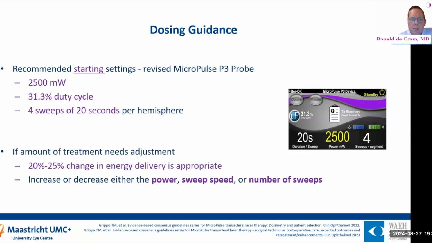This is very important because if you perform a treatment, you need to consider what type of patients you want to treat. For example, you can make some changes in the settings. You can increase the power, you can decrease the sweep velocity, and you can increase the number of sweeps.